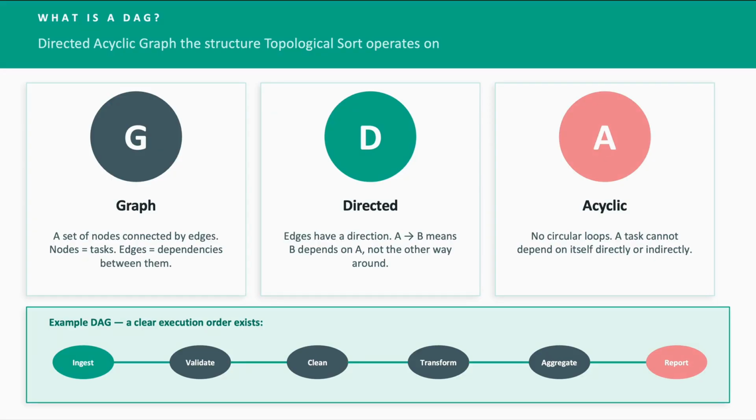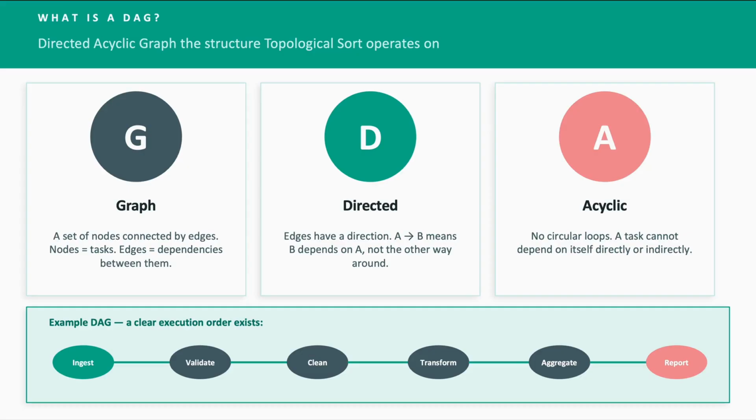For directed, it stands for the direction of the edges, because edges have direction. If there is an edge from A to B, it means that B depends on A, not the other way around. And we have acyclic, which means there are no circular loops. This is very important, because a task A cannot eventually depend on itself, directly or indirectly.